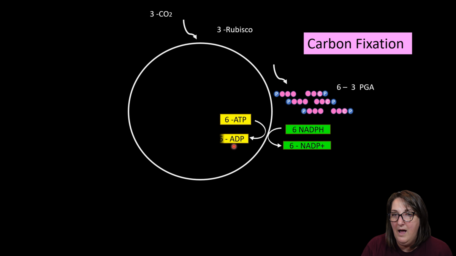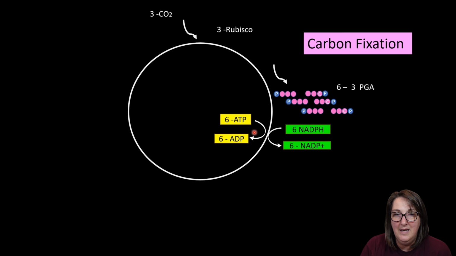So now I have ADP. So I have NADP plus has lost its hydrogens, has picked them off and put them here. Now it's empty. This taxi has lost its carriers. It has to go back. The taxi is going to drive back to the light dependent cycle, pick up some more H's and electrons.